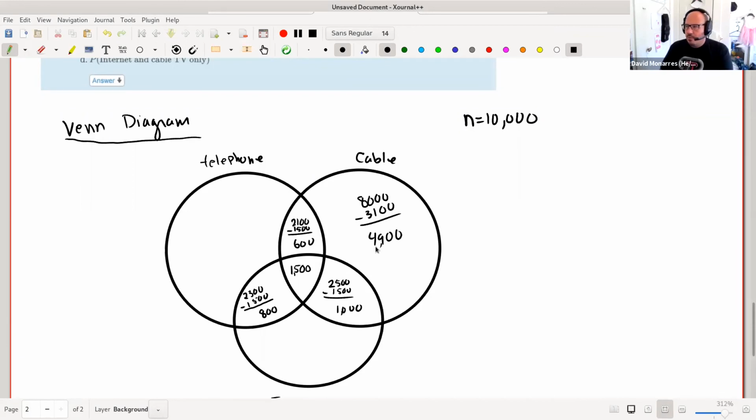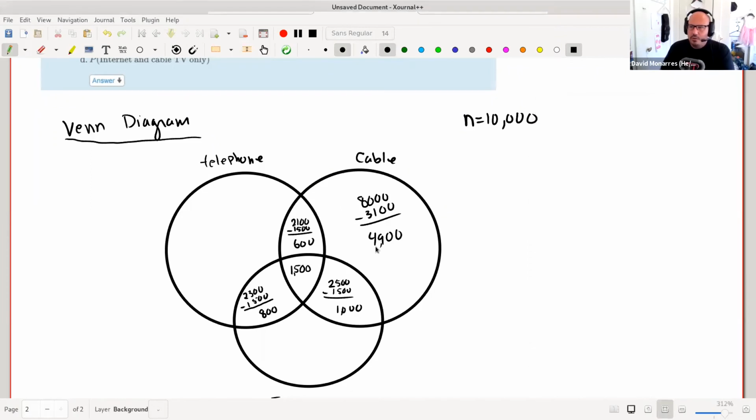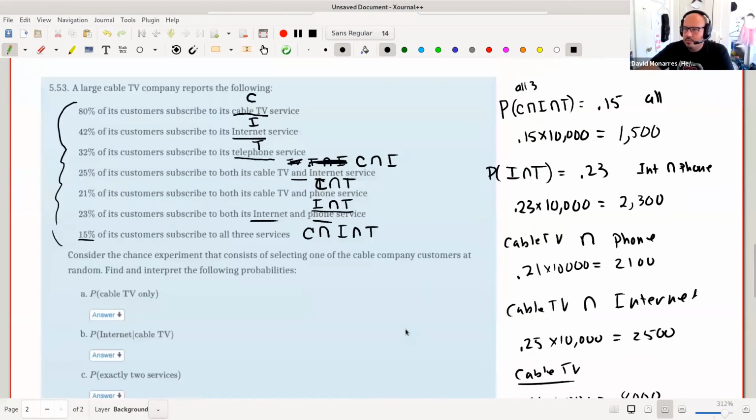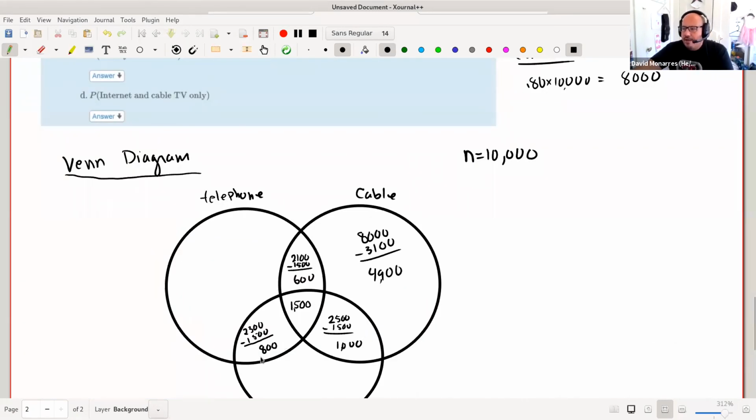Okay, and then we're going to do the same with telephone too. So if I go up to my telephone, it says that 32%. So for telephone, I should expect about 3,200. And exactly like before, I've already accounted for all these people in the telephone circle.